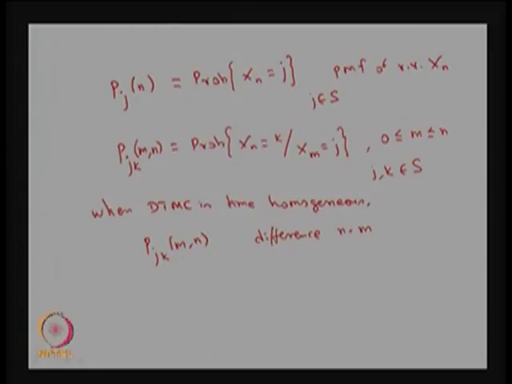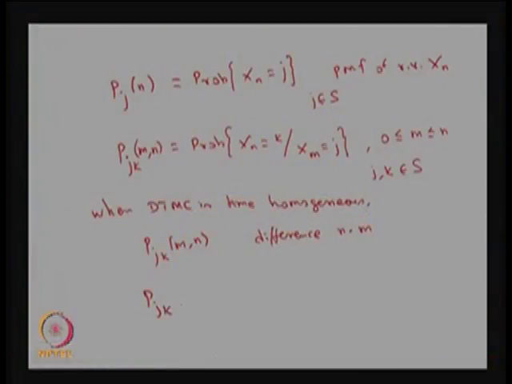In this case, I do not want the two arguments m comma n, I can go for writing pjk of n, that is nothing but the probability that in the (m plus n)th step the system will be in the state k, given that in the mth step it was in the state j, for all n, and here j comma k belong to S. So, m does not matter, only the interval length of n steps matters.